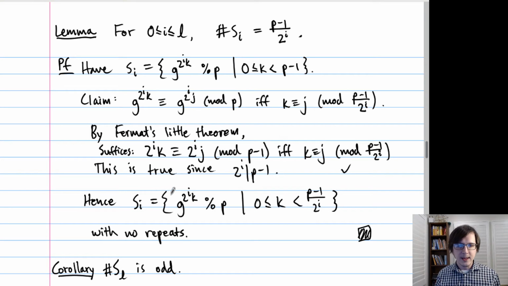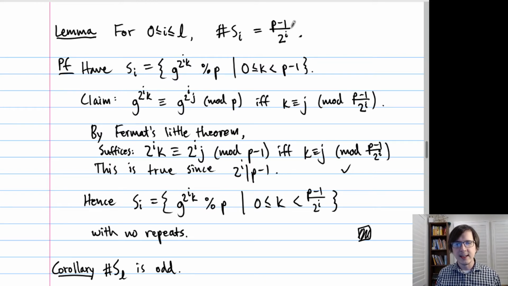So we can describe Si as this set and also say that there are no repeats. So there's no pairs of k that give the same number. And so that means (p minus 1) over 2 to the i is the number of elements in Si.